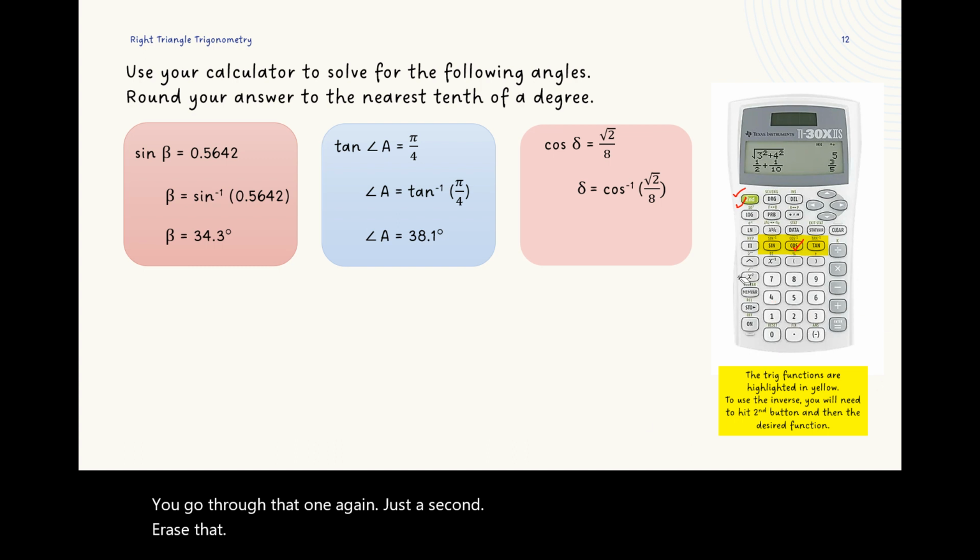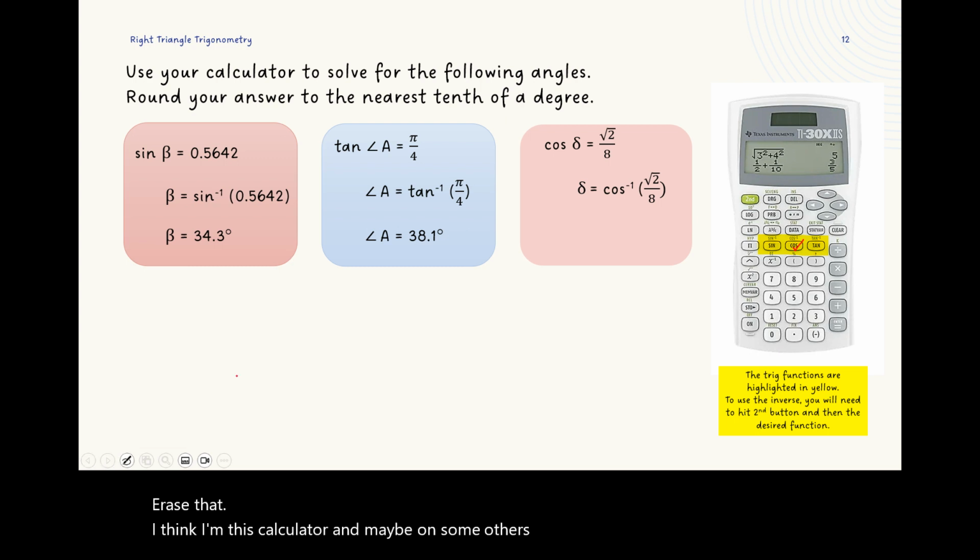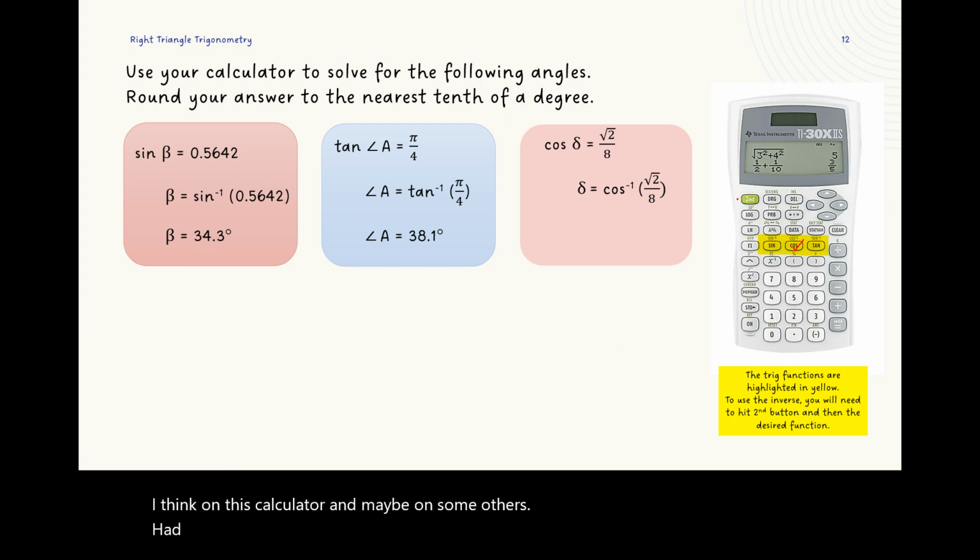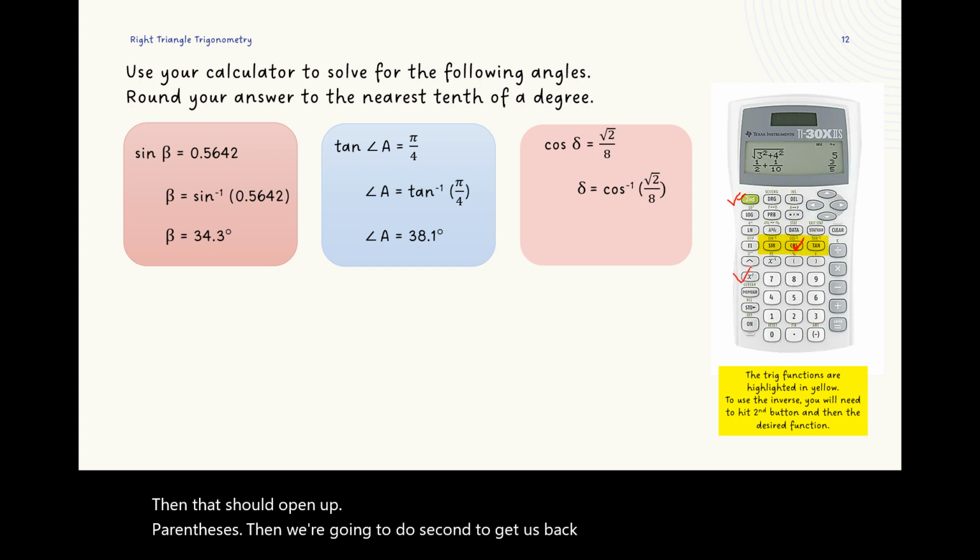I think on this calculator, and maybe on some others, we want second, cosine, then that should open up a parentheses. Then we do second to get us back to square root, which opens up a parentheses.